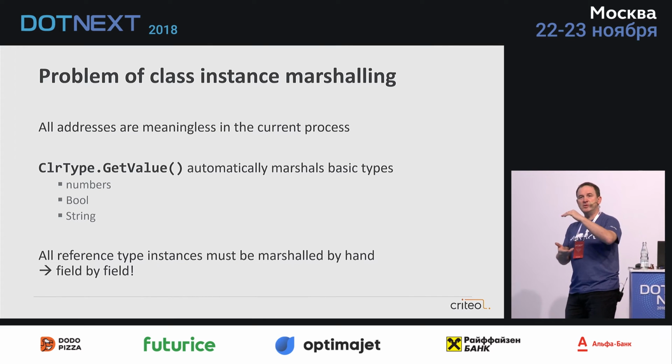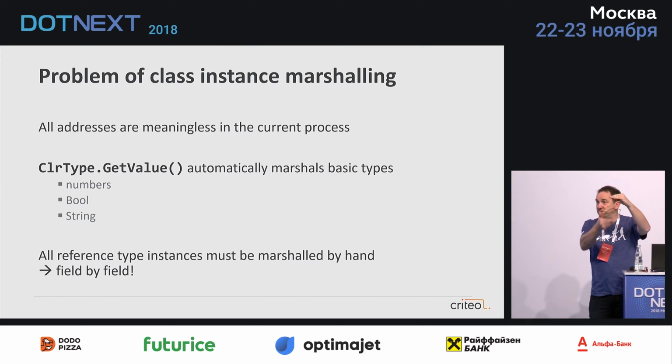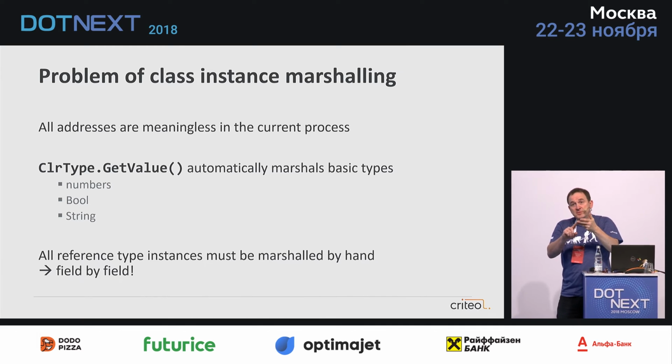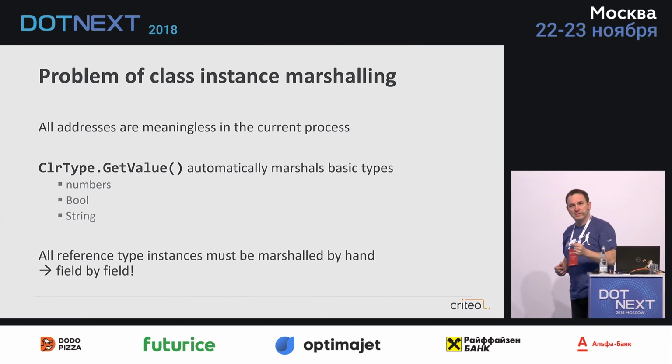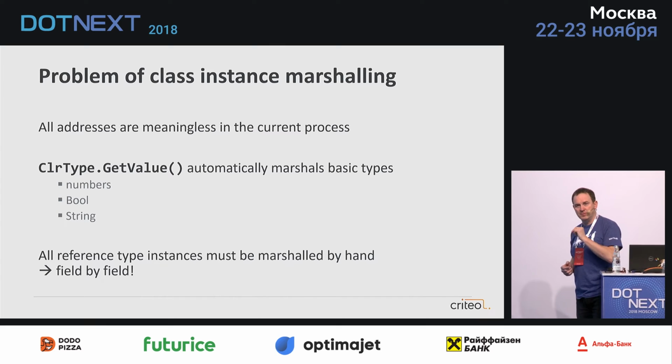It means that if in your type you have a field that is a reference to another type that has fields, not only boolean, numbers, and string, but a reference to another, you will have to marshal each and every object by hand and get the value of each and every property by hand.